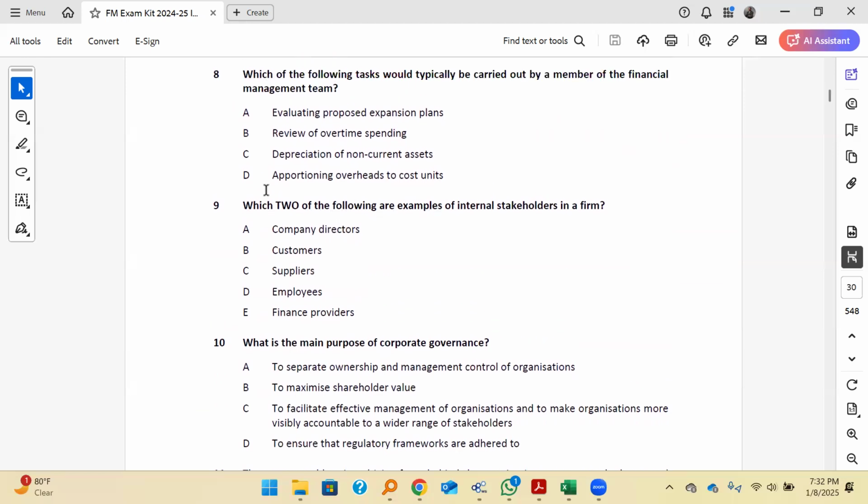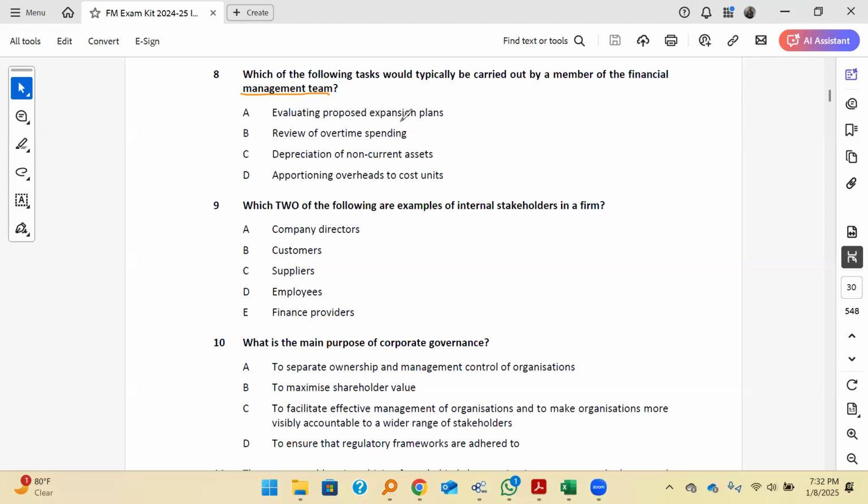Then they ask us, which of the following tasks can be carried out by a member of the financial management team? So I'm sure by now you can start to realize how you can easily get these ones, because we are still looking at the role of the financial manager. So if you look at what we have here, we are going to just look at which of these fall under those roles that we have looked at.